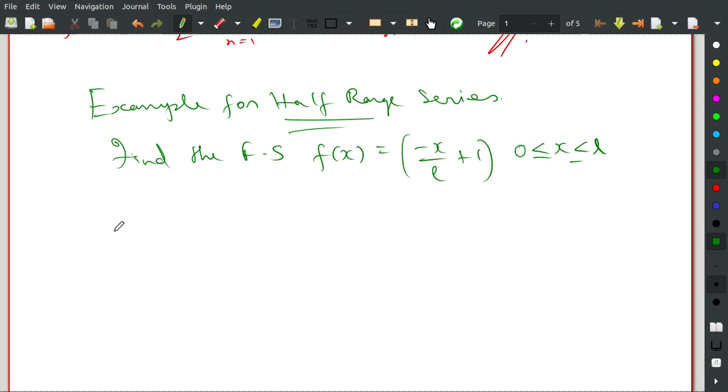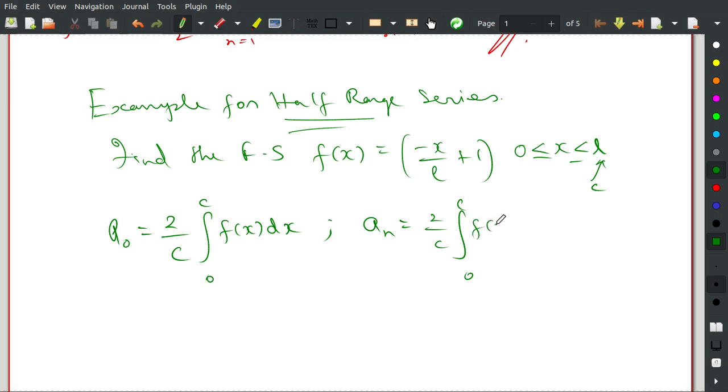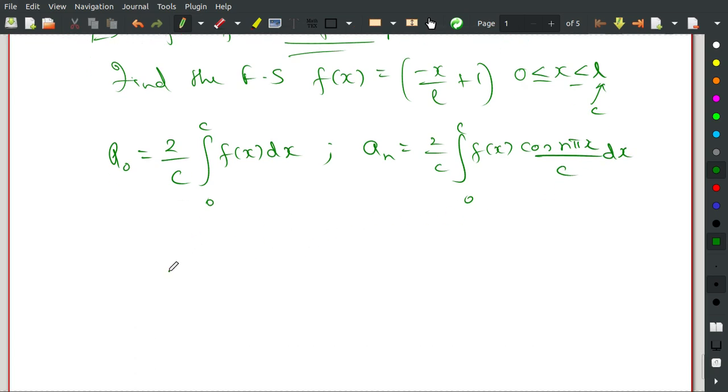For off range series we have a naught equal to 2 by c, where c is this L, integral 0 to c f of x dx, and an equal to 2 by c integral 0 to c f of x cos n pi x divided by c dx, and bn equal to 2 by c integral 0 to c f of x sin n pi x divided by c dx.